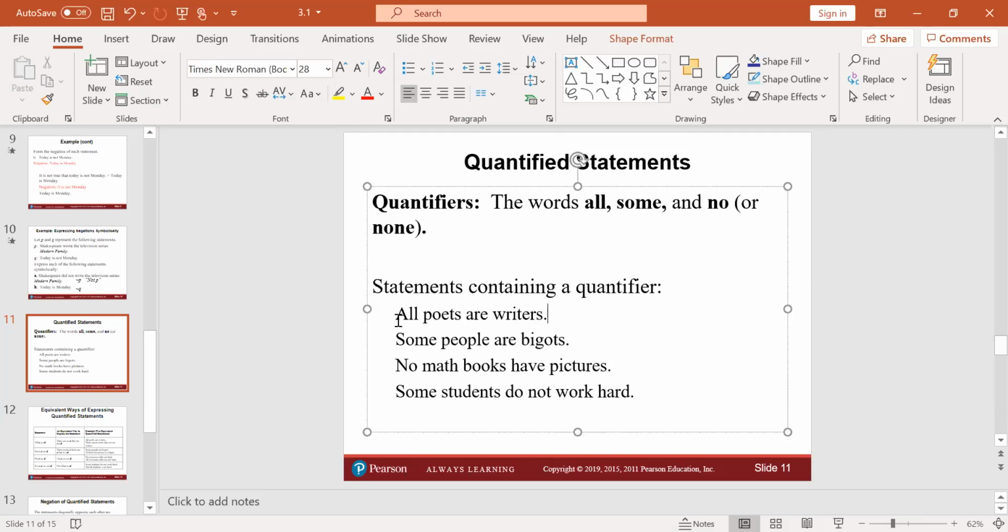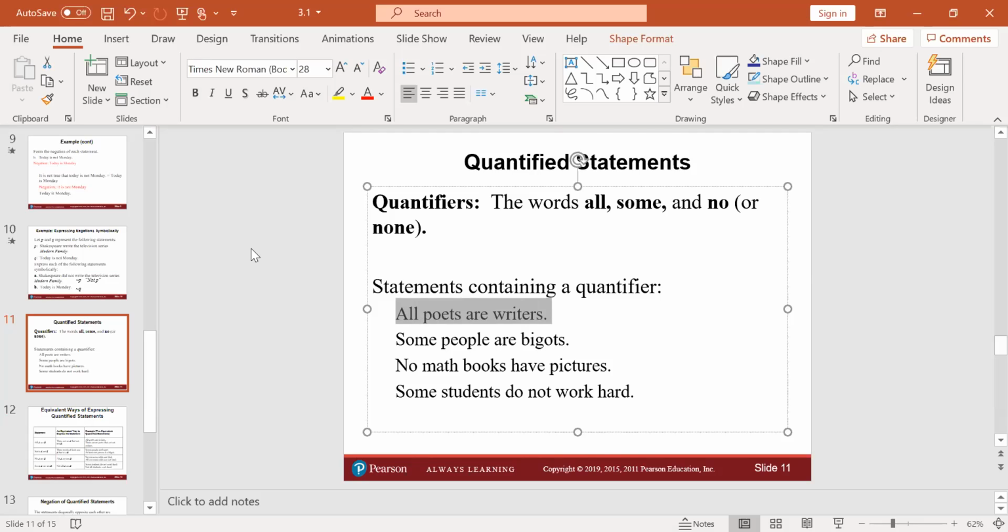Would you say that Stephen King is a poet? He may have written some poetry at some point, so I won't rule it out. But generally speaking, you're not going to call Stephen King a poet because he writes prose, which is non-poetry. So someone who is a poet is automatically a writer, but someone who's a writer is not automatically a poet just from this statement here. That's a huge distinction.